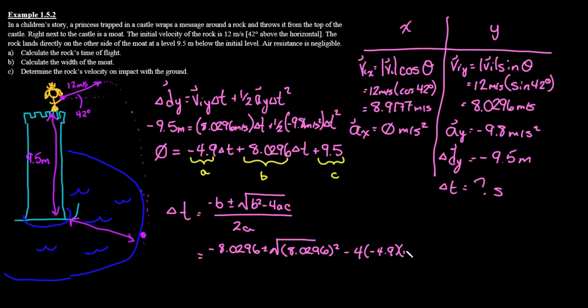Sorry, I just couldn't remember if it was positive or negative there, and it's positive because we moved it over to the other side of the equation. That's all square rooted, and then that gets divided by 2 times negative 4.9.